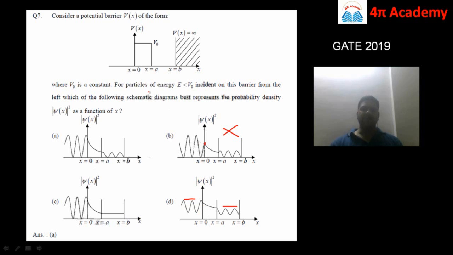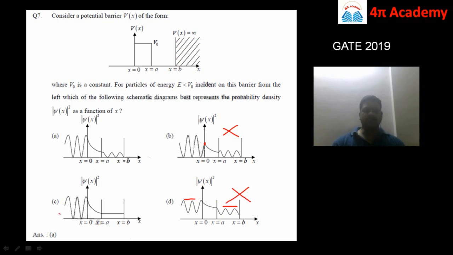Because here the energy of the particle is less than V0, in order to overcome this potential barrier of V0 the amplitude decreases, and again with this decreased amplitude, it faces a potential barrier which is of infinite extent, and therefore here the amplitude should reduce further as compared to the previous one. Since the amplitudes are nearly equal, this is also not the case.